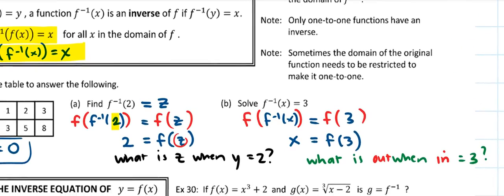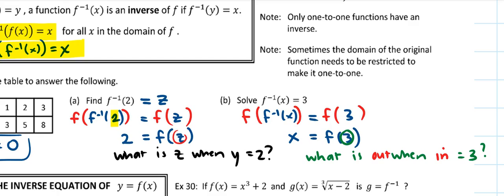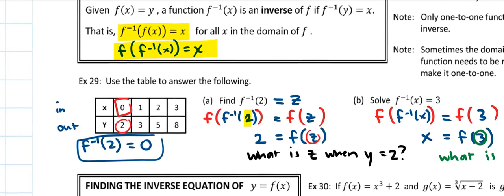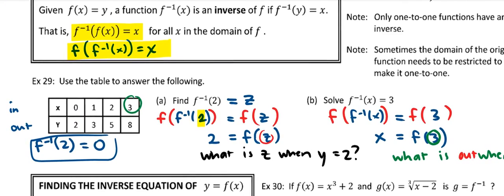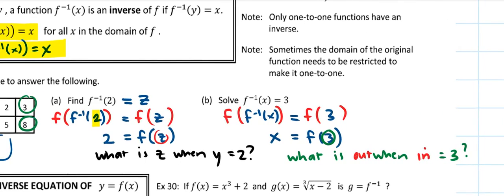I should say output because we get tied up with this. In our case, the input is 3, so I'll go back to the table to figure out the output. When x equals 3, the output is 8. So this value, the output, is equal to 8. In our case, the output was considered x equals 8.